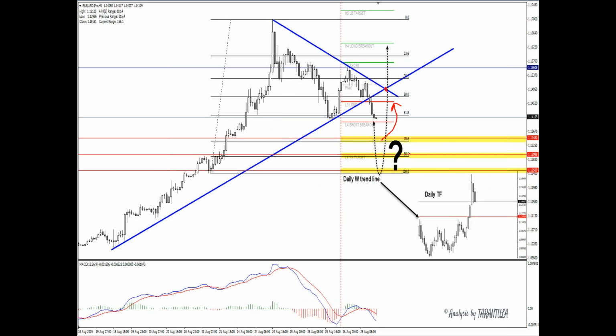So that is the power of these lines. 1350 is a 50 level, and 50 levels are always used by big banks to place their orders. So 00 and 50 levels are natural support and resistance levels. Especially when you see 78.6 there, you know that there is a big opportunity for the price to spike.